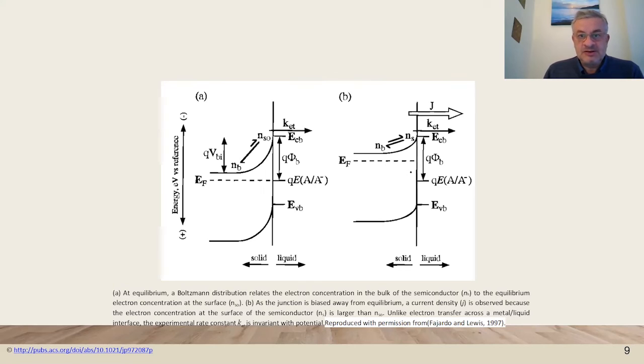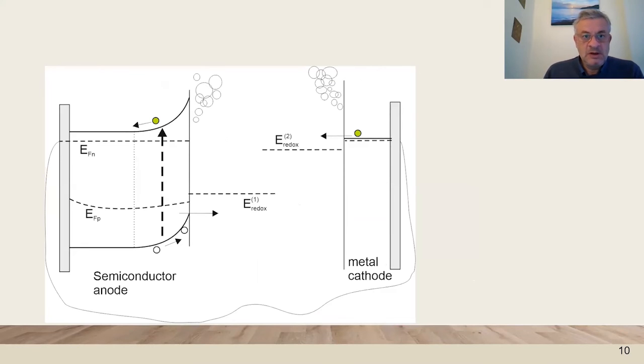So this is also a diode. This type of diode can then be applied in a water splitting cell, in which now there will be the electrons flowing into the solution in one electrode, and the holes making an oxidation reaction, probably water splitting at the other one.